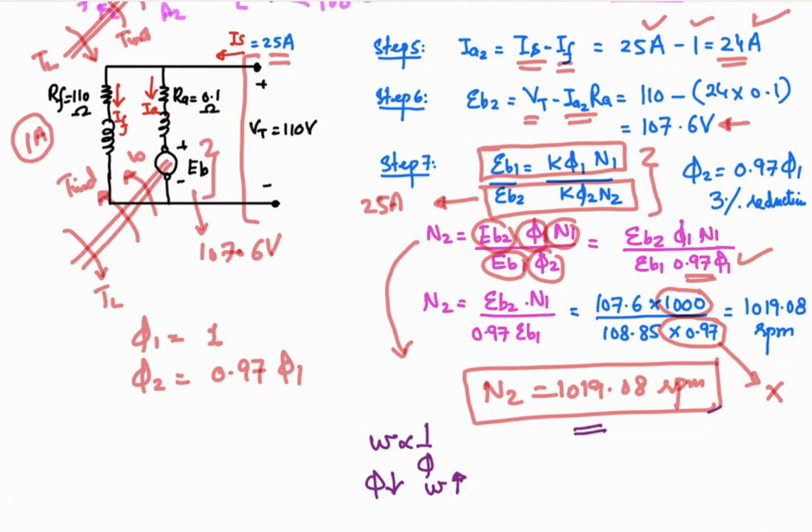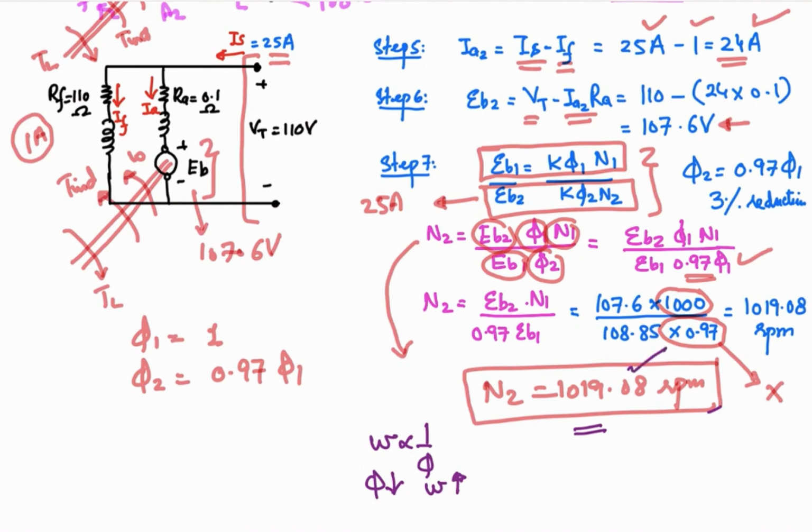So armature reaction in DC motors particularly will increase the speed. In the case of a generator, it will reduce the induced EMF, but in the case of a motor, it reduces the flux. Net flux is weak at the poles, and because of that the speed is going to increase. So because of armature reaction, you are going to observe the higher speed.